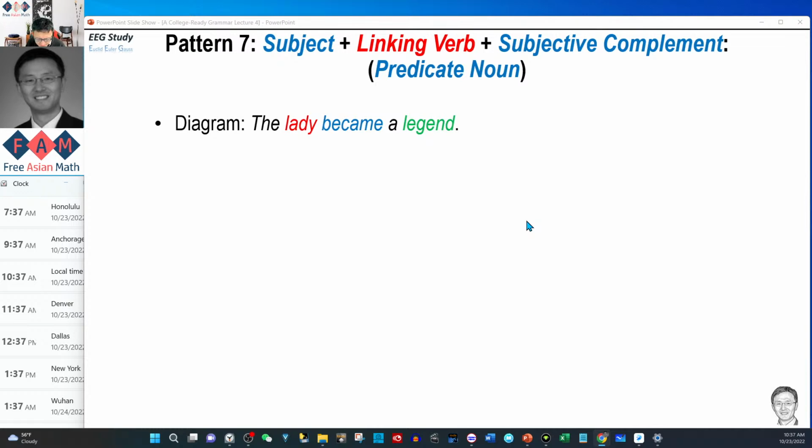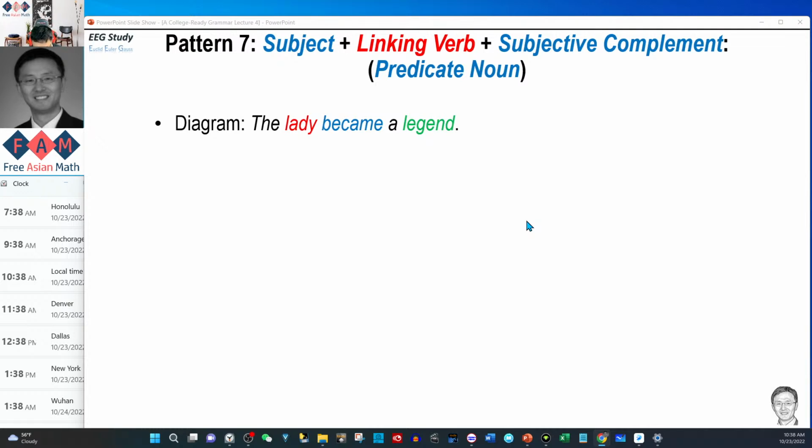So just like the lady is a legend, the noun legend completes the idea. It characterizes the lady. It gives the lady a second name. Who is the lady? She's a legend. She became a legend. So here, became really is once again a linking verb connecting the next word, legend, to the subject lady.